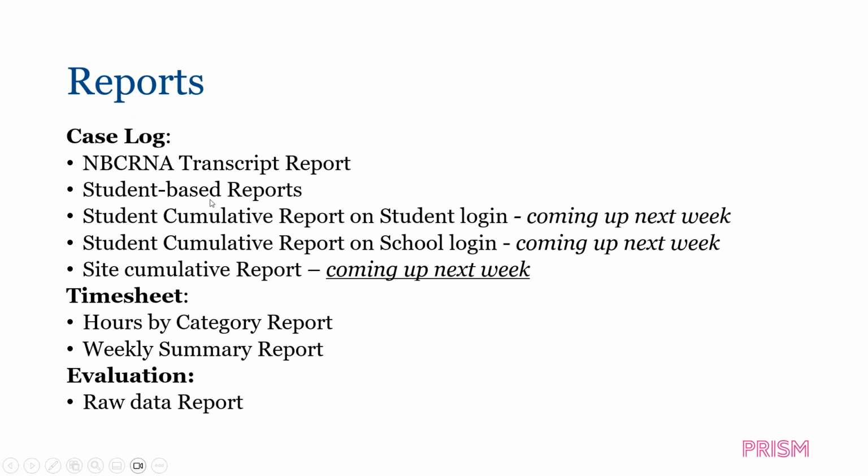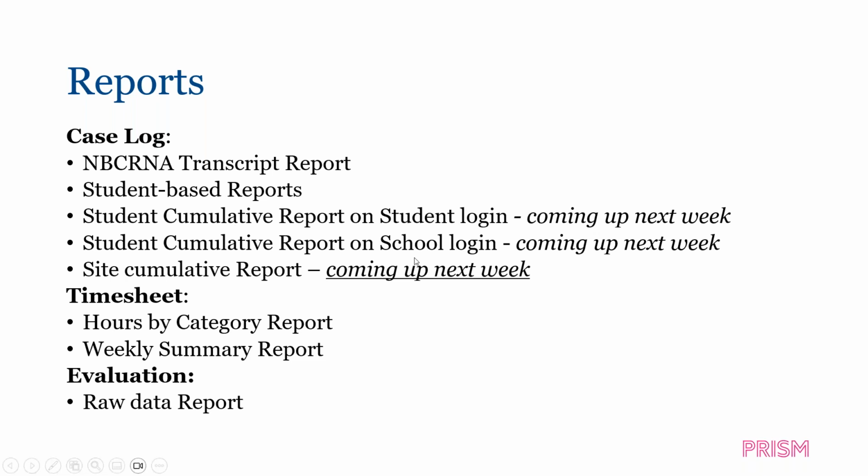Student-based report is the report where all the students are listed, and you can see the logs entered per category in each and every one of them. Student cumulative report is one report available for both student and school login. When we talk about student, they will have only their own data visible.